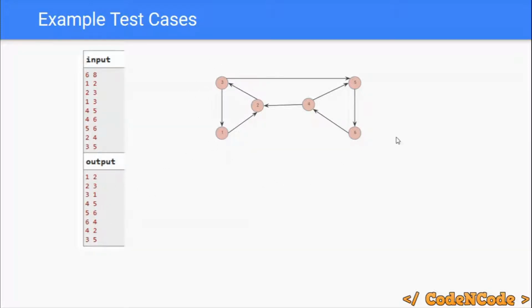If you arrange the edges this way, there is a path from every node to every other node. See, this forms a strongly connected component, so there is a path from each node to every other node, and also you can reach from these nodes to these nodes via this path. So you can confirm yourself that in this graph for each node there is a path to every other node. So this is a valid configuration, and that is why we have printed this.